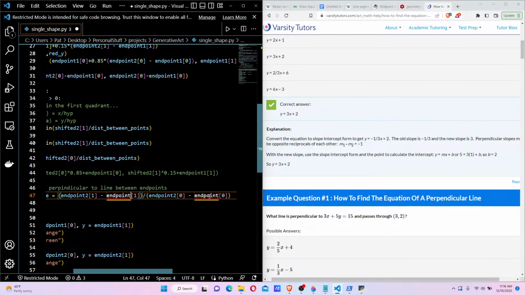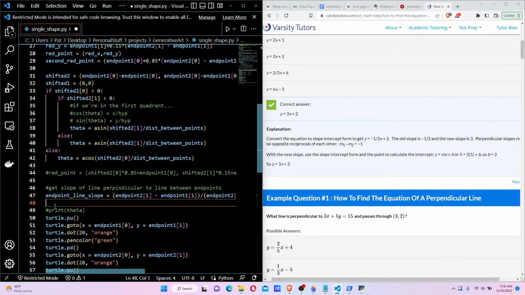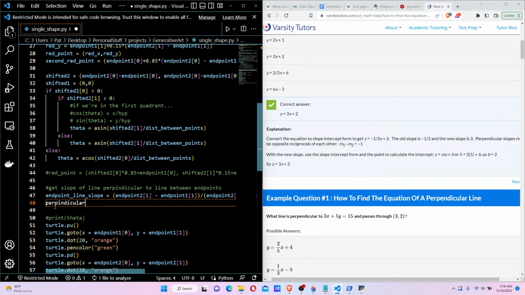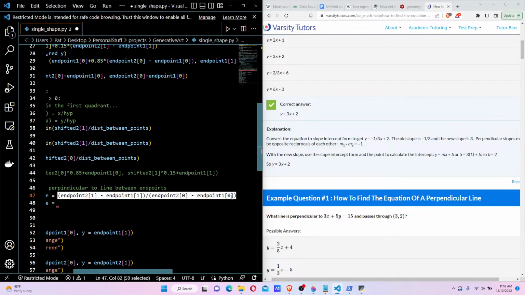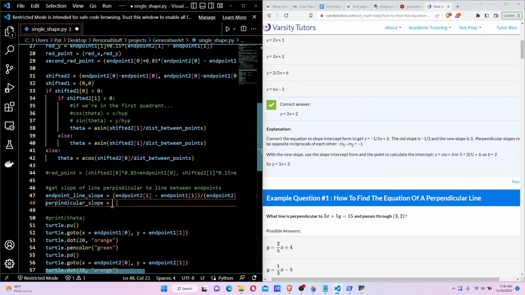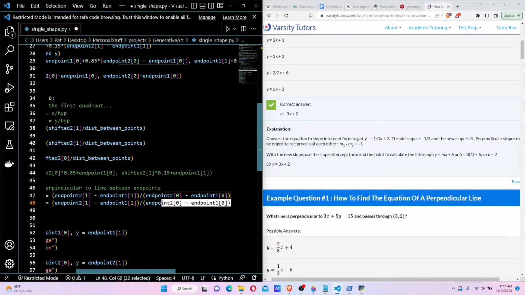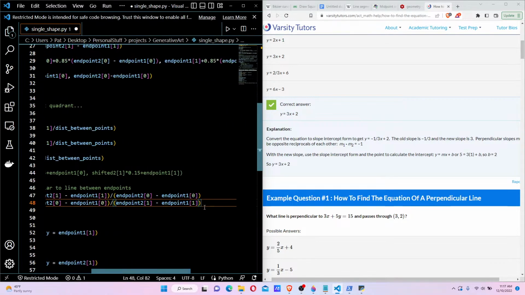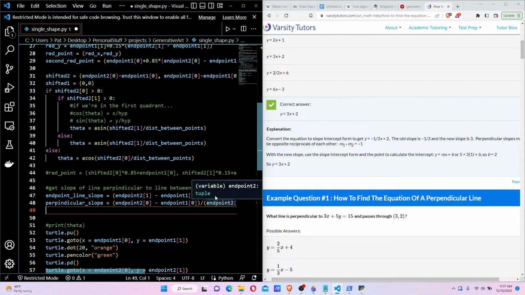Oh, endpoint 2, endpoint 1. So that's the slope. Now the perpendicular slope is just equal to that flipped. Okay.